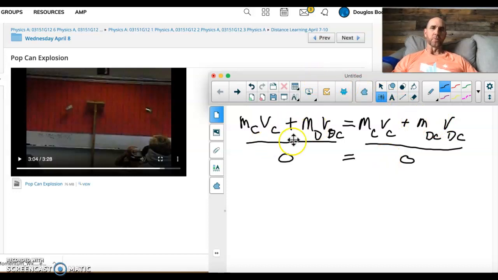Now watch what I'm going to do for just a second. Hopefully you'll agree that velocity right here, and velocity here, velocity here, and velocity here are distance divided by time, right? That's the equation for velocity. Distance divided by time. And just bear with me here, I'll explain why I'm doing this.